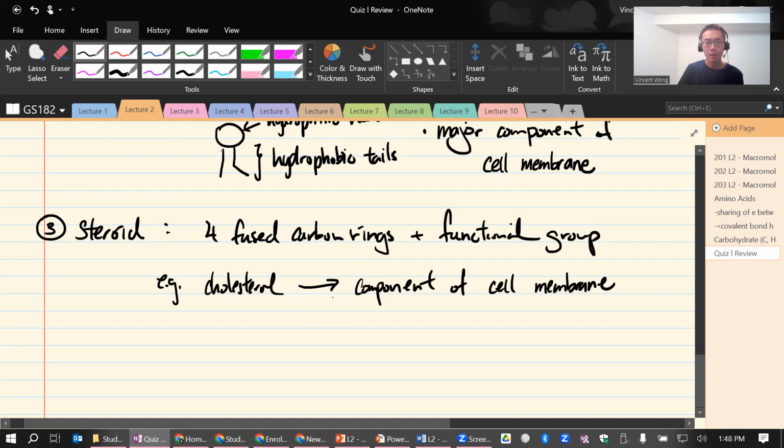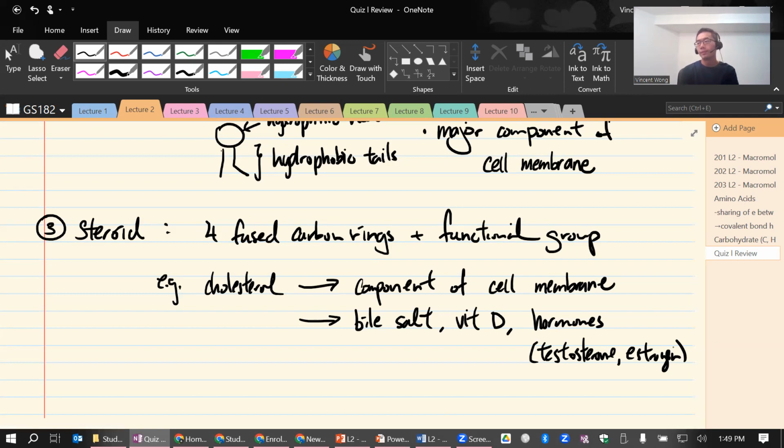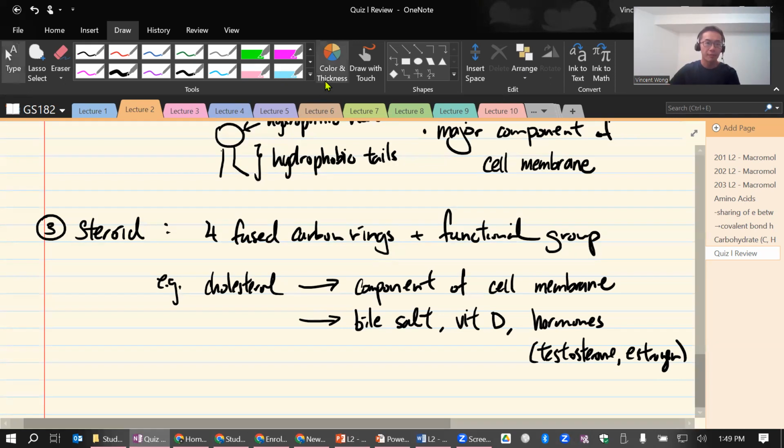Okay, it is needed to make bile salt, vitamin D and hormones such as testosterone, estrogen, right? That's the lipid stuff.